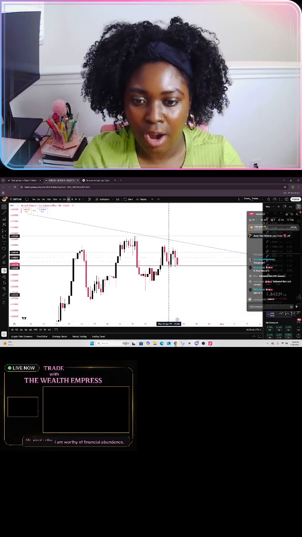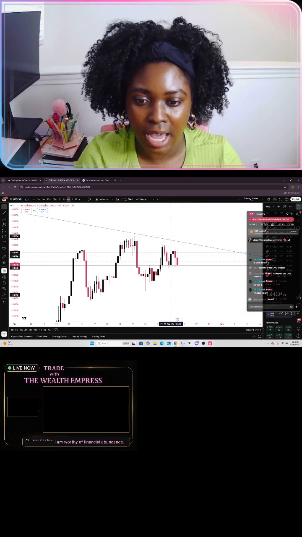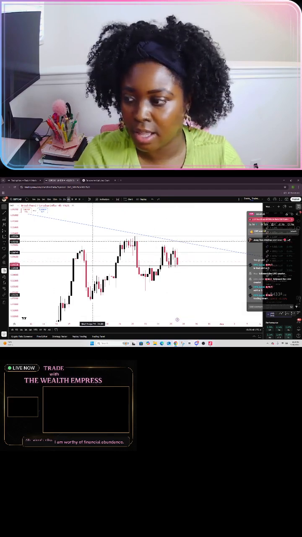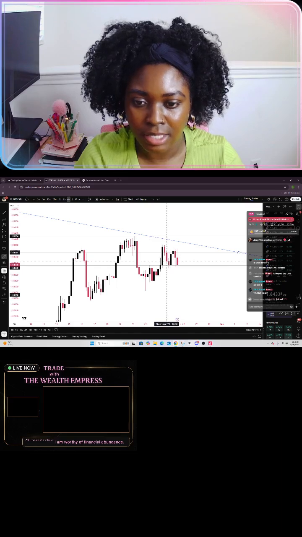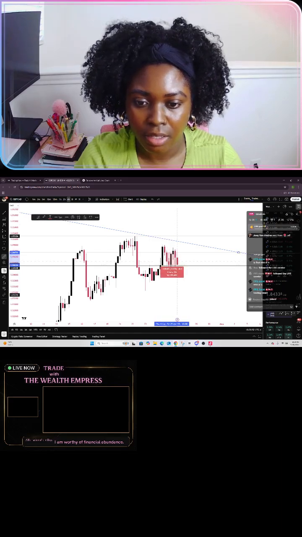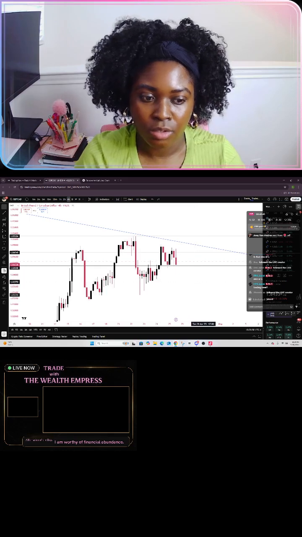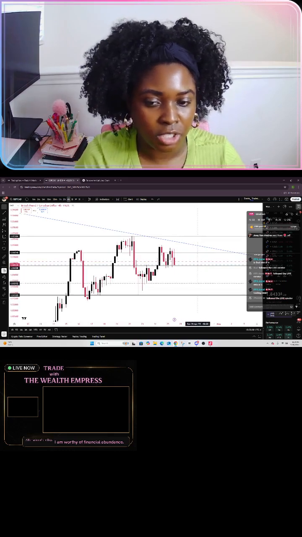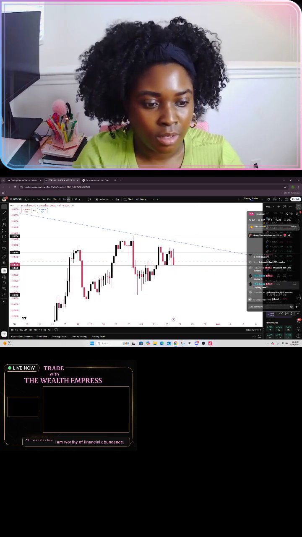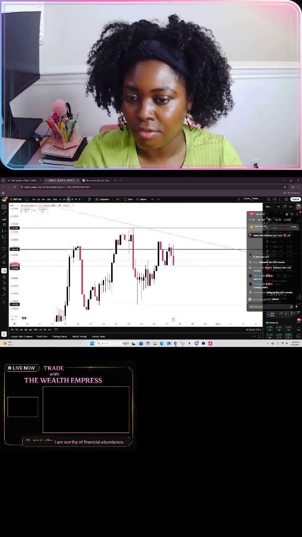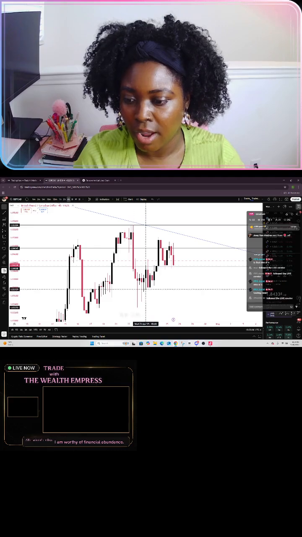Looking at this 4 hour, price has stayed inside of this area right here. Y'all see that? It stayed inside this area for 20 hours. This is TradingView.